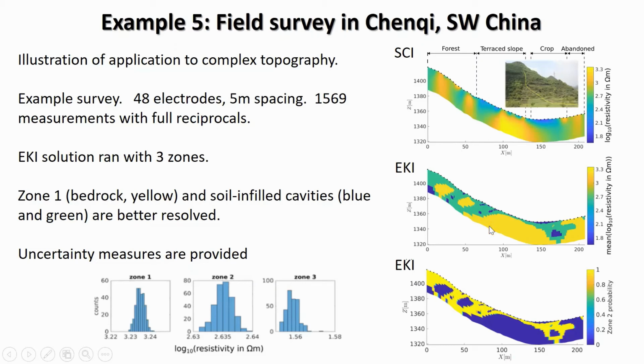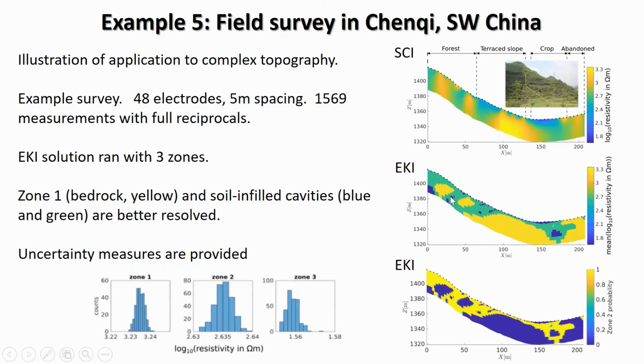So we might attribute the yellow zone here, the high resistivity zone, to solid bedrock, and then we've got 2 other zones within here which may be characterized by weathered bedrock, or maybe infilled soil, or they may be more conduits within there that actually have some infill or fluid within the channels.